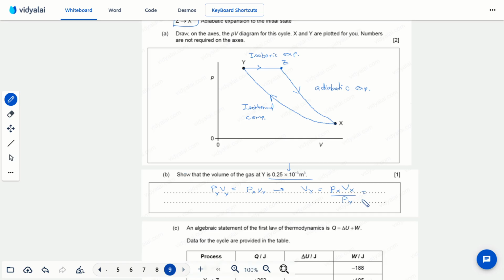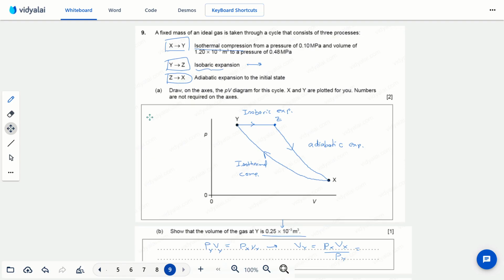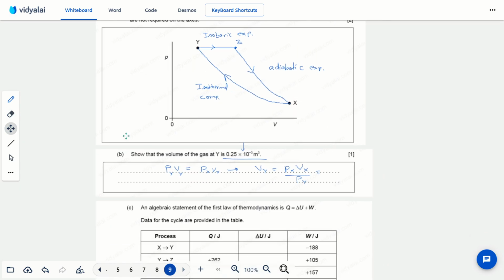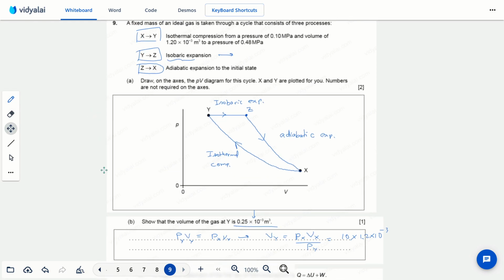Substituting for all the knowns, that's pressure and volume at state X, which is 10 megapascal and 1.2 times 10 raised to minus 3 meter cube: 10 megapascal times 1.2 times 10 raised to minus 3.